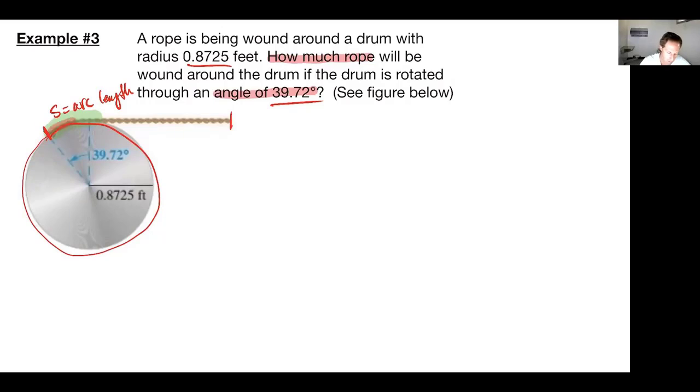So in order to figure out just this section of the rope, how much of it that we will need, then we're finding arc length, which means this once again. So our r times our theta, and the cool thing is they pretty much flat out told us the radius is this and the angle is this.